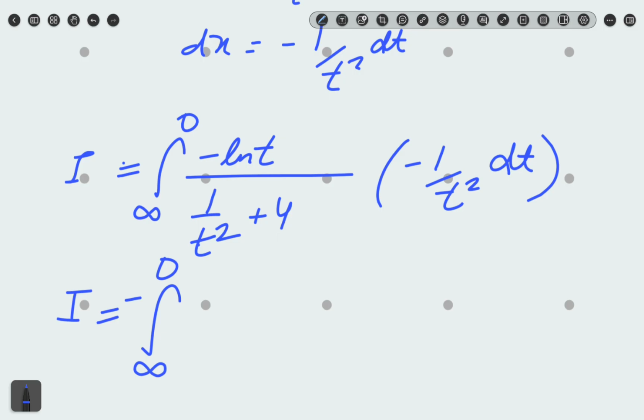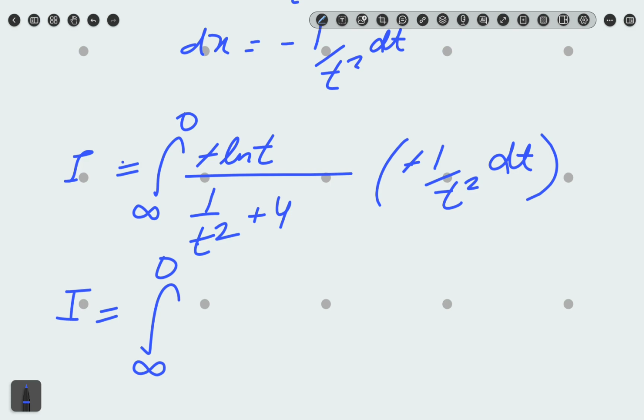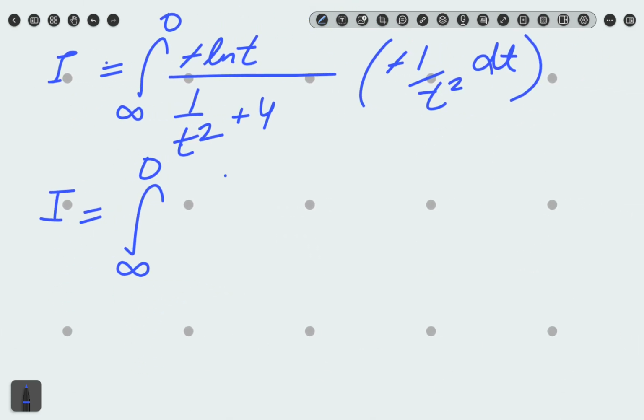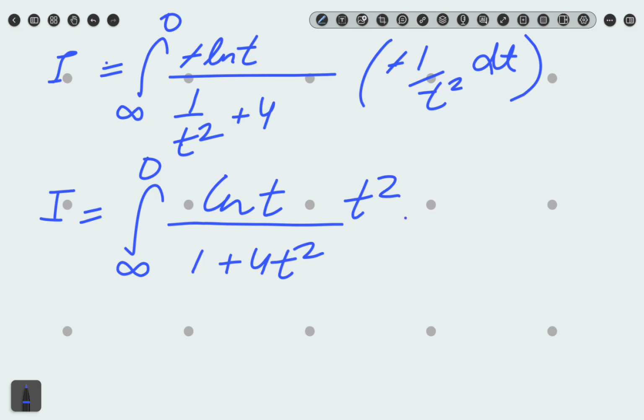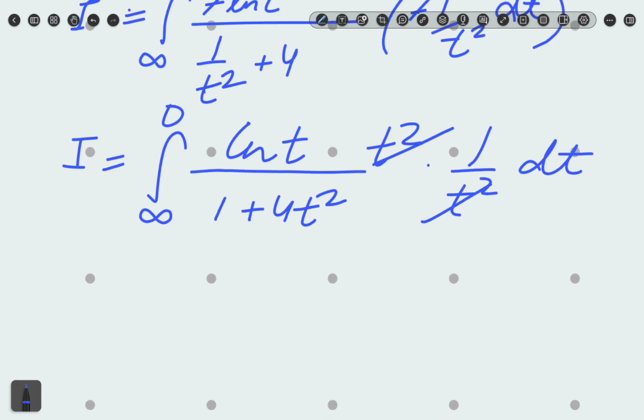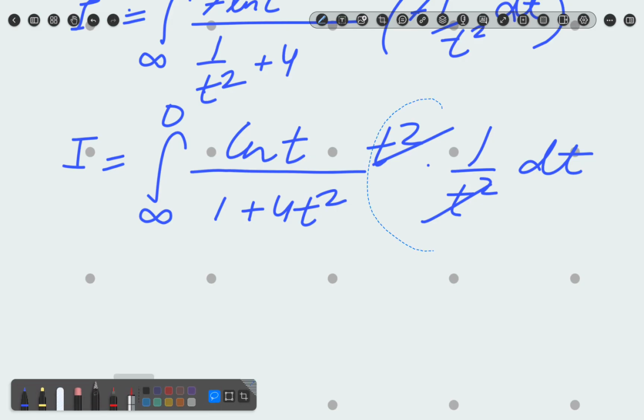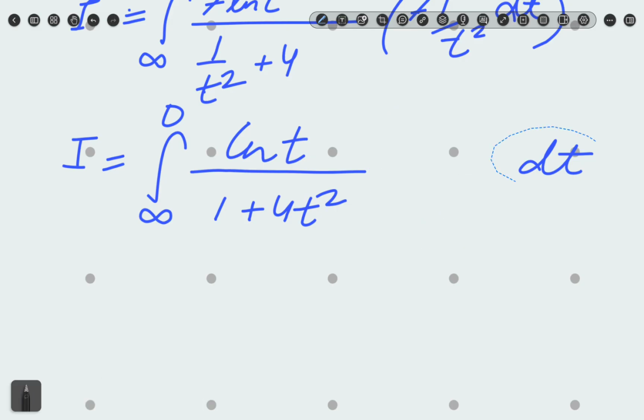Minus of minus and minus, this minus cancels, and we get our result, the ln t over 1 plus 4t squared. This t square goes here, this is t square dt, these terms cancel, right? So I can just cancel out these terms and bring it.